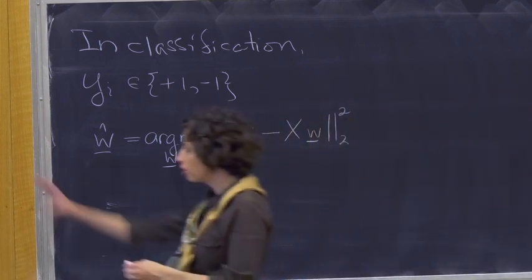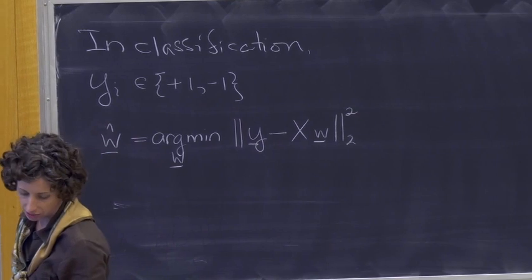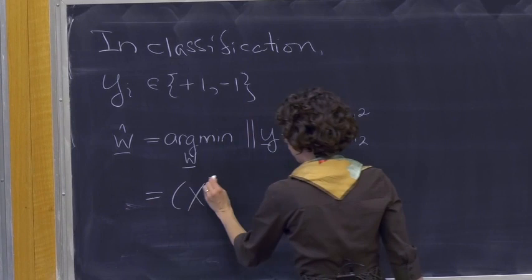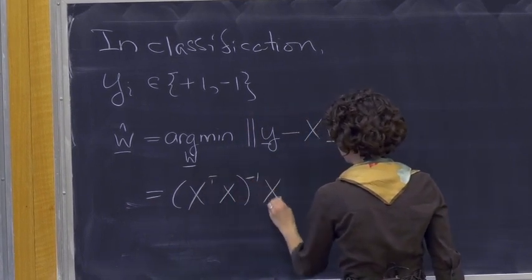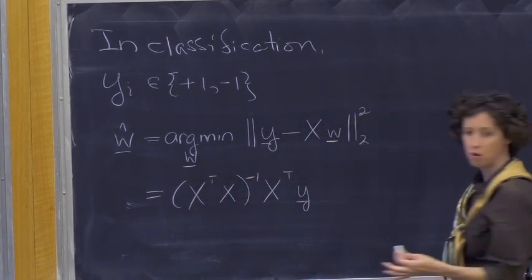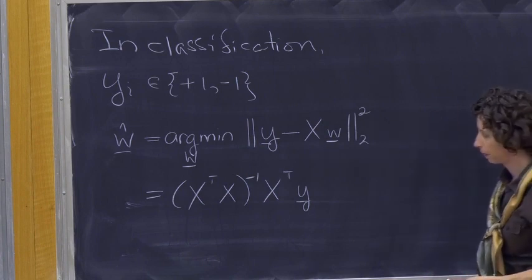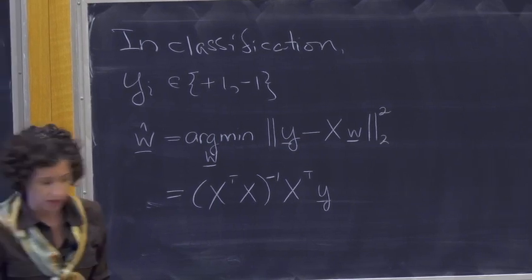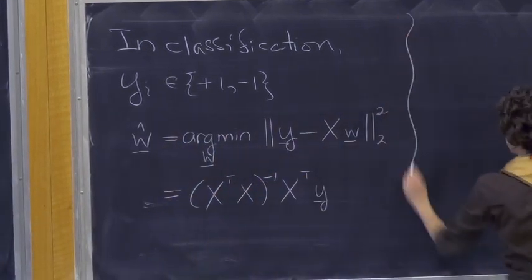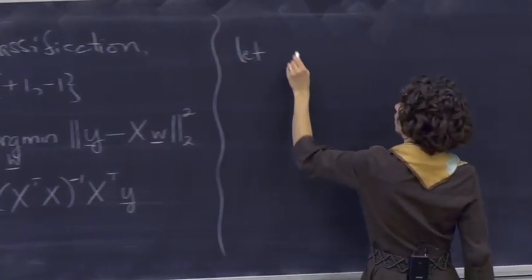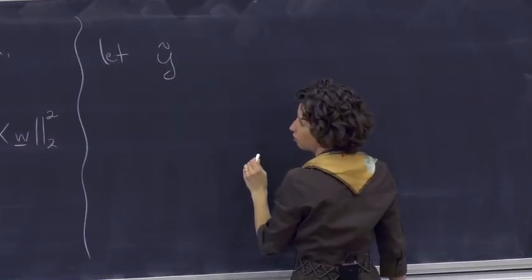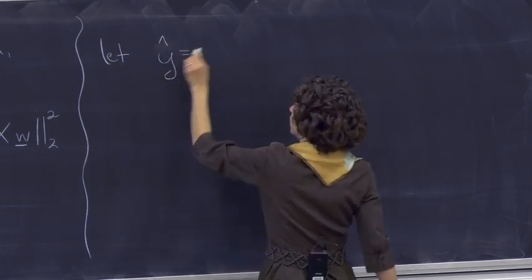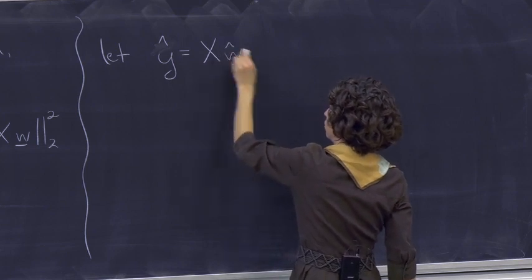Okay. And so then we said that under these conditions that I laid out here, w hat was going to equal (X transpose X) inverse X transpose y. So this is what we derived in the last lecture. And so now the question is, how do we use this within a classification setting? So what we could do is, wait, we said y hat is equal to Xw hat.